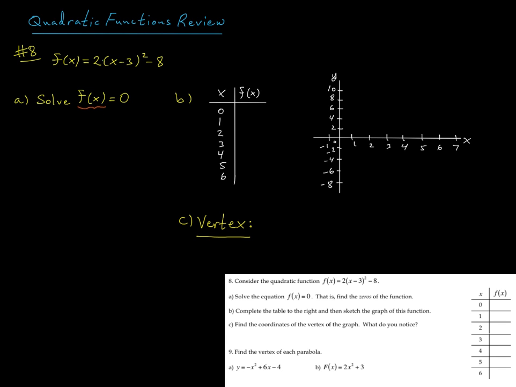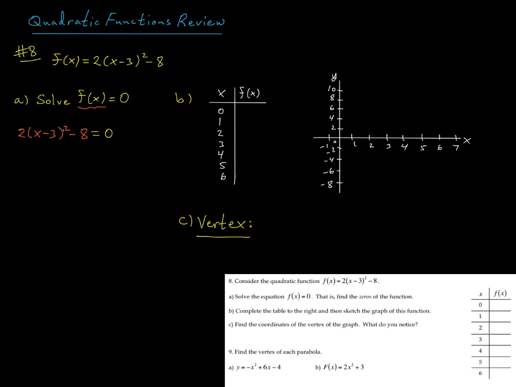All right, so to solve this equation, like we've done with a few other problems now, I'm going to replace f of x with the rule for f of x, which is 2 times the quantity x minus 3 squared minus 8, and this must equal 0. Notice that x just shows up in this squared term, nowhere else.